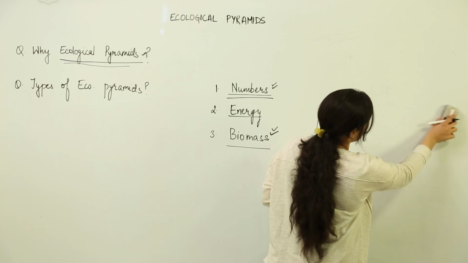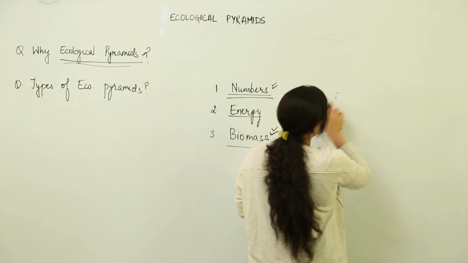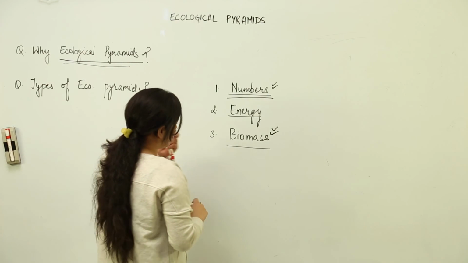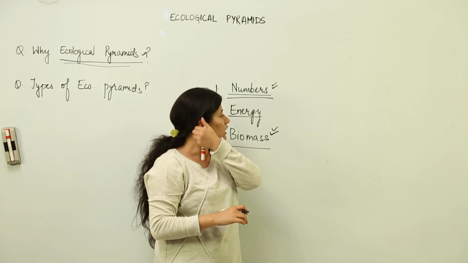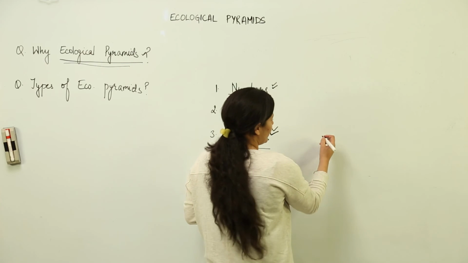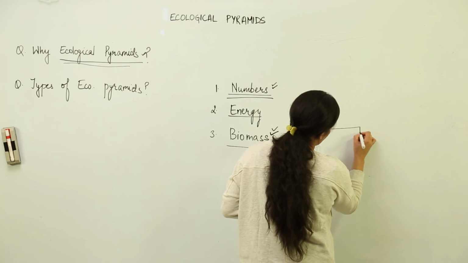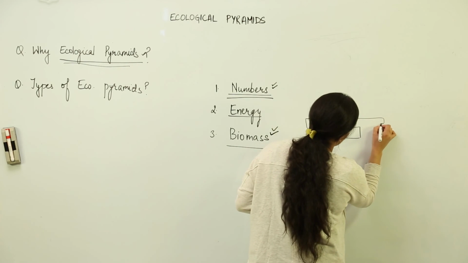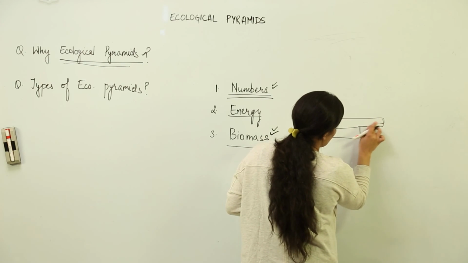When we talk about inverted pyramids in terms of biomass, we take aquatic ecosystems for representation. In the case of a pond ecosystem, you would find a few phytoplanktons which would be primary producers and a large army of zooplanktons which would be feeding on these phytoplanktons.